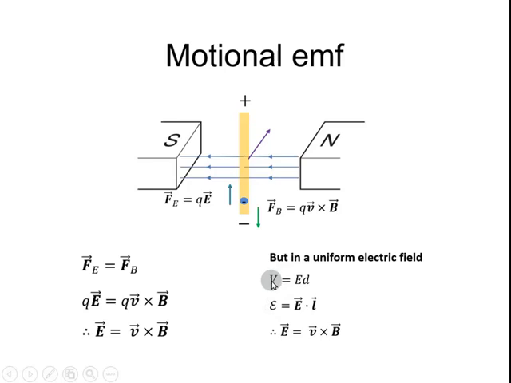So instead of V, we are going to use the epsilon here. So substituting this one into that, what it means is that the induced EMF is also as a result of the electric field that is set up, the electric field multiplied by the distance of separation.